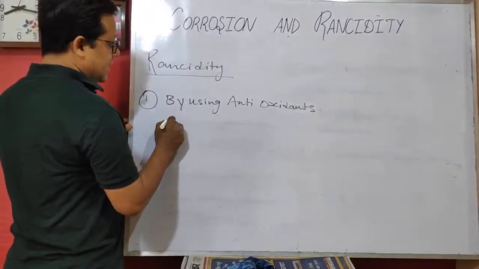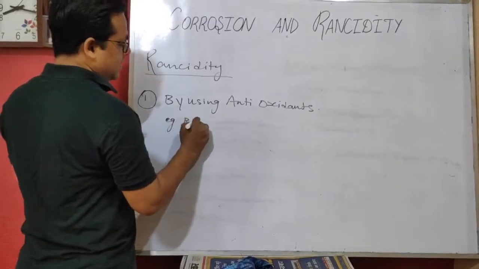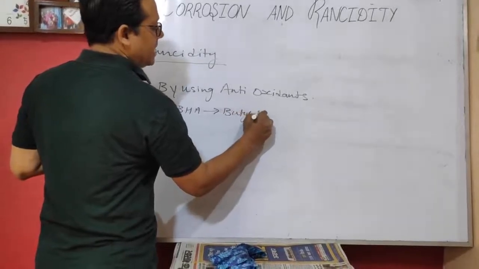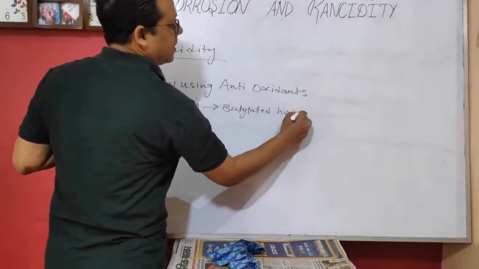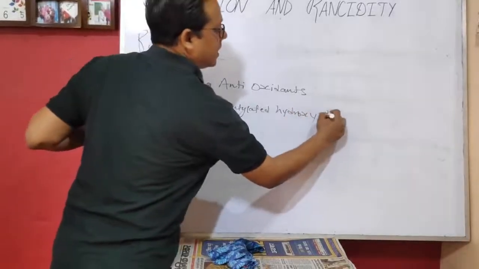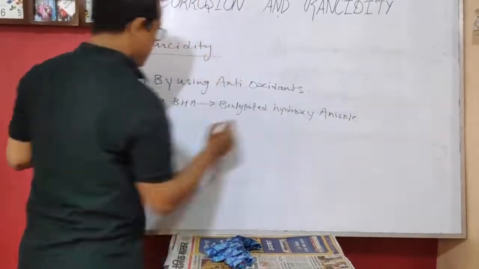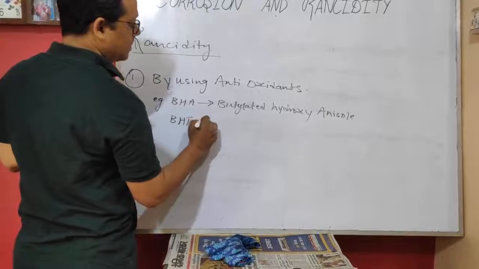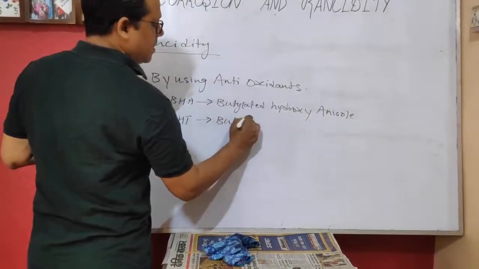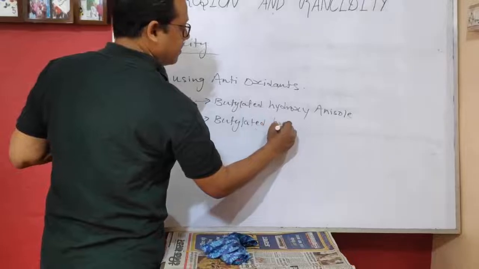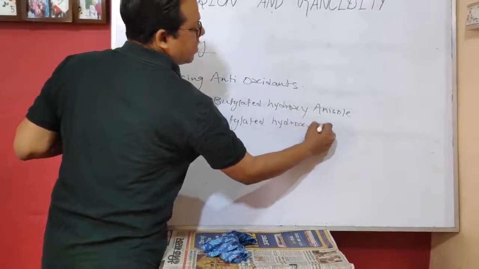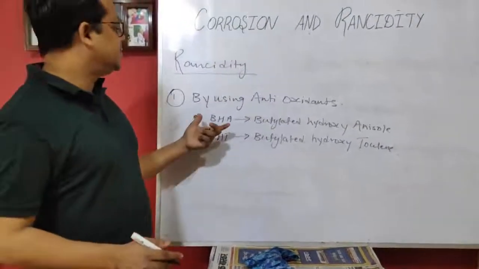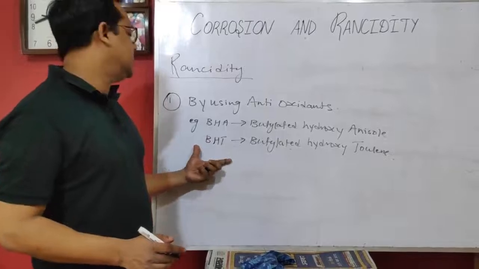Some of the antioxidants are, for example, BHA, butylated hydroxyanisole, and second, BHT, butylated hydroxytoluene. These are the antioxidants which are used in food items containing fats and oils to protect them from getting rancid.